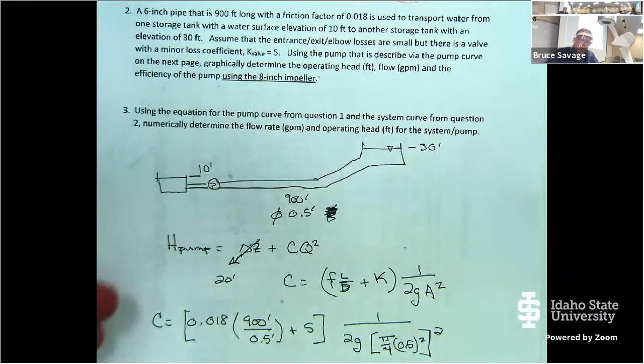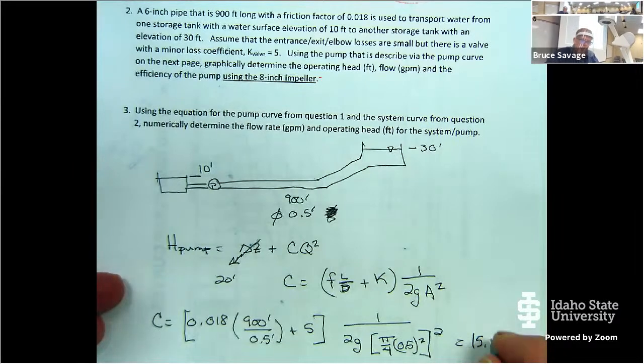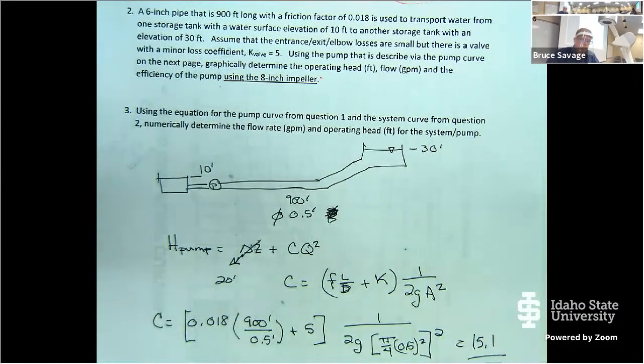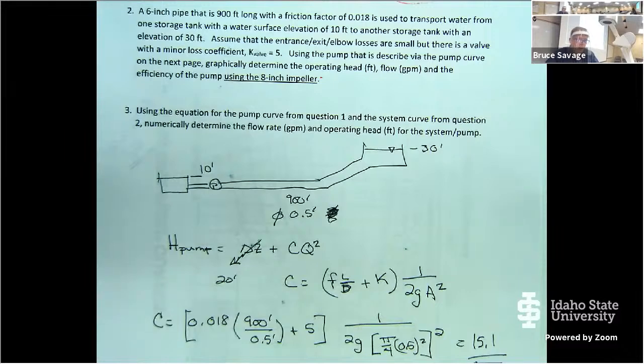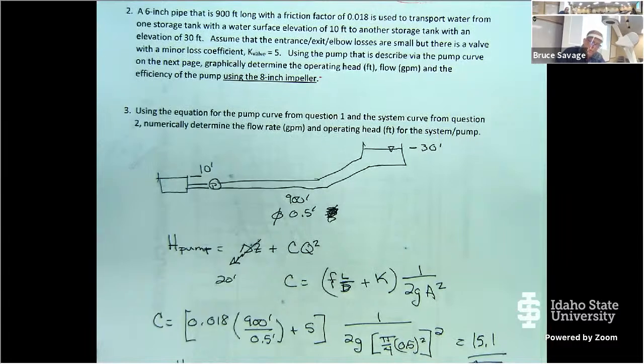Okay, and if I've done that correctly, C is equal to 15.1. So head of the pump is equal to 20 feet plus 15.1 times Q squared, where Q is in CFS.